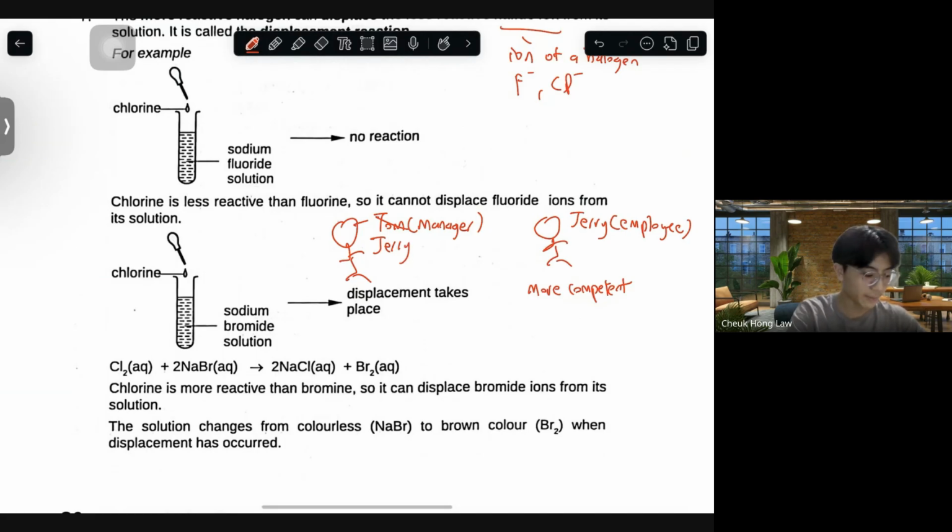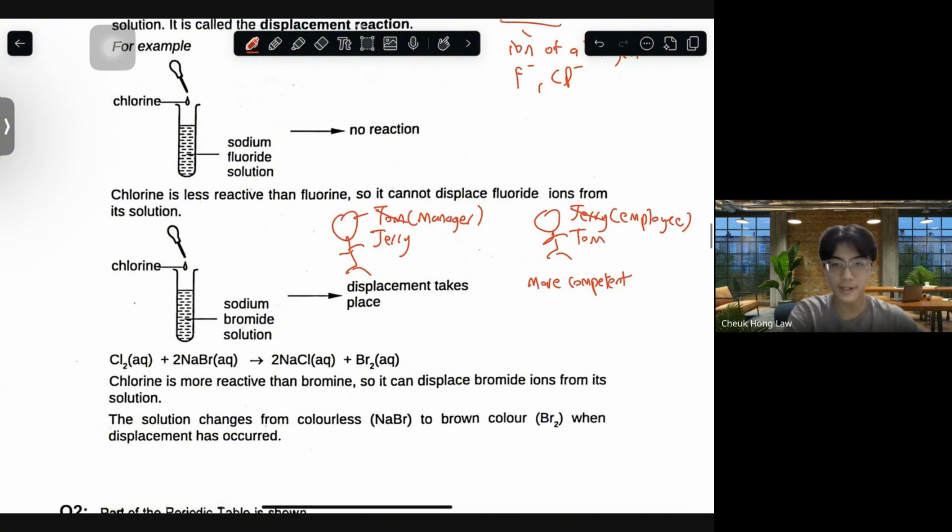So Jerry became the new manager, and Tom became a regular employee. What's the moral of the story? The more competent person, Jerry, can replace the less competent person, Tom, from whatever managerial or executive position.